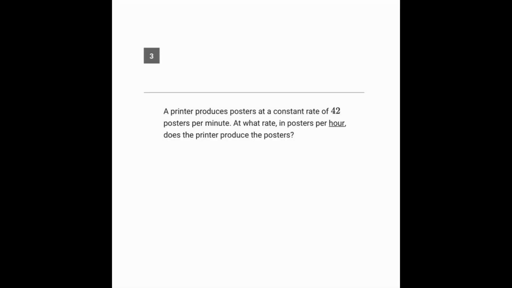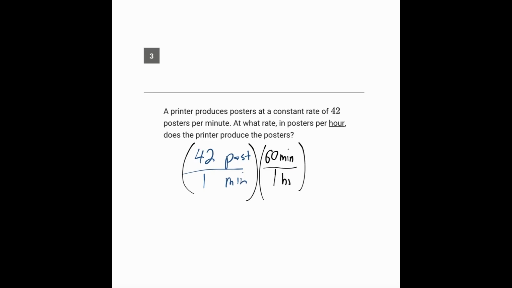Now going over to question number 3. If this printer is producing 42 posters per every 1 minute, we can use unit conversions to get the number of posters per hour. We can multiply this by the fact that there are 60 minutes in 1 hour. Now this entire fraction here, that's equal to the number 1 because any fraction with equal numerators and denominators is equal to the number 1.